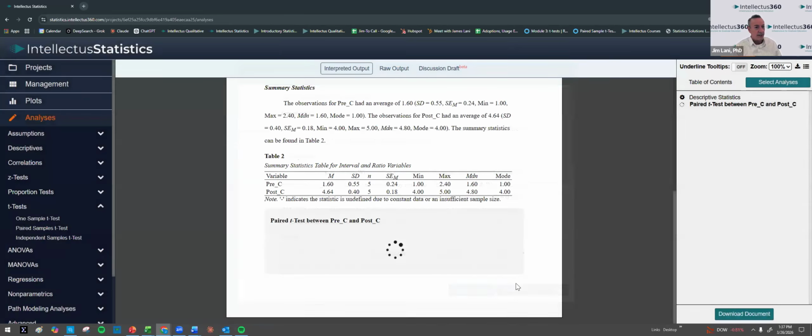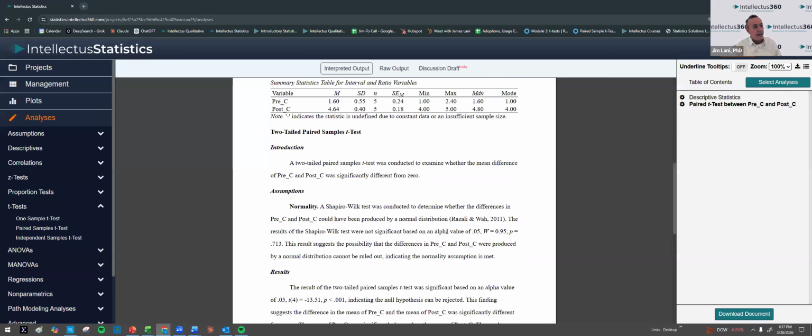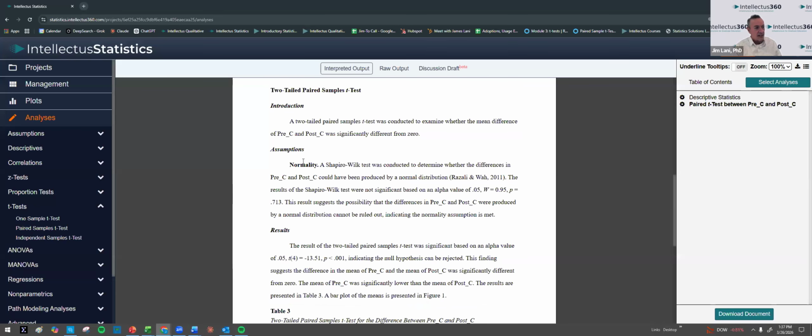Add to the analysis. So here, for all of these tests, the assumptions are built in. Normality is the assumption of the paired t-test. It conducts the test and then interprets the test for you. Put in your own voice, but you got some accurate interpretation going on here.